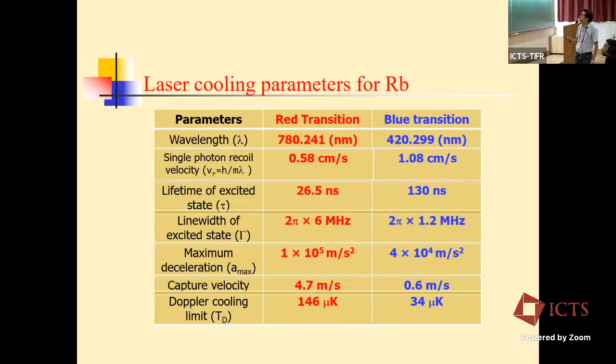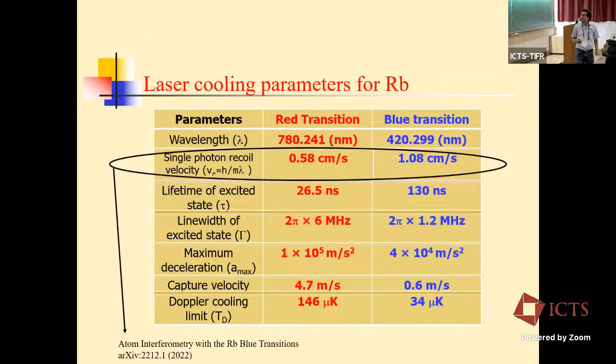This is interesting for those working in gravimetry, because the sensitivity in gravimetry depends upon the single photon kick. So if you use this 420 nanometer laser, you expect to have better sensitivity for g.